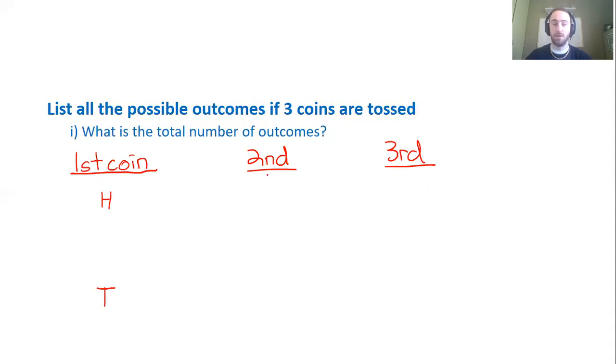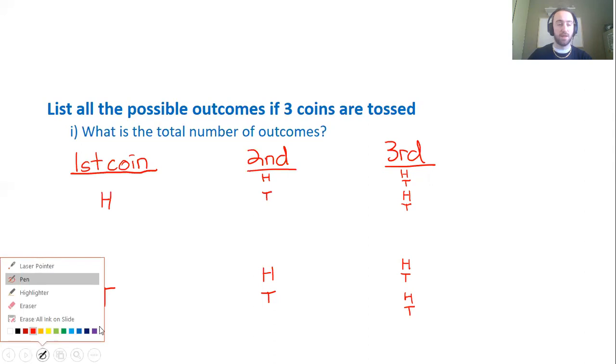Our second coin could be a heads or a tails. But also, if the first one is a tails, it could also be a heads or a tails. Finally, our third one could be heads or tails. If it's heads, tails, and then the third one could be a heads or tails again. And similar on the bottom coin as well. So tails, tails, it could be a heads or a tails.